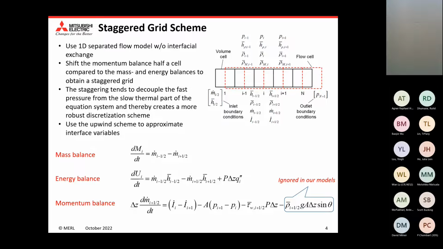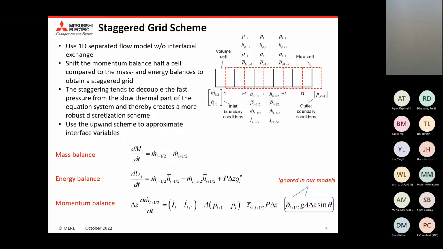Here we will have two types of cells: flow cells and volume cells. Basically, you calculate the momentum balance through the flow cell, and you calculate the energy and mass balances in the volume cell.